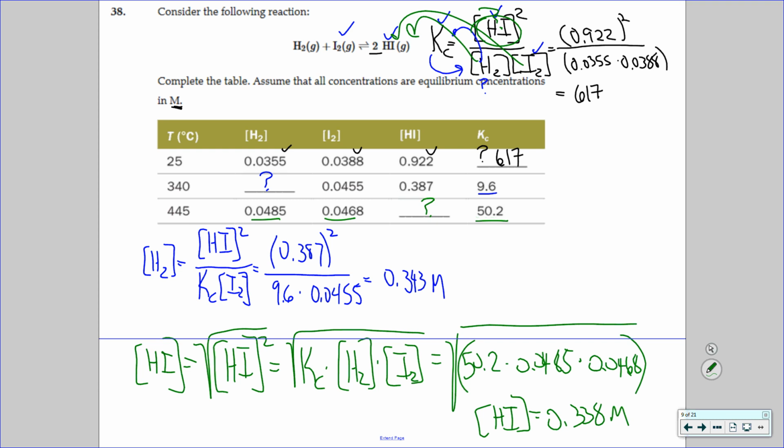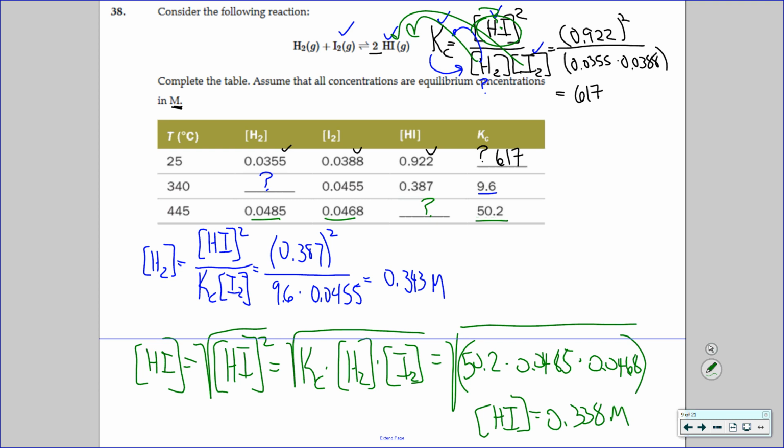So you'll likely have a problem like this. You're either going to be given all the concentrations and you have to calculate K sub C, or you're going to be given K sub C and all the concentrations but one, and then you're going to have to calculate the concentration of that.